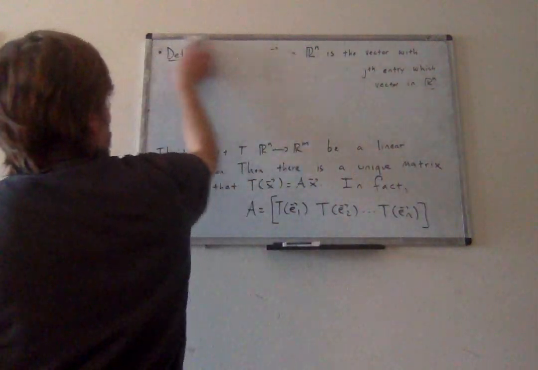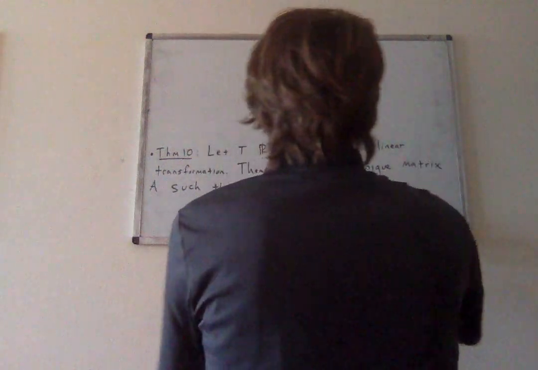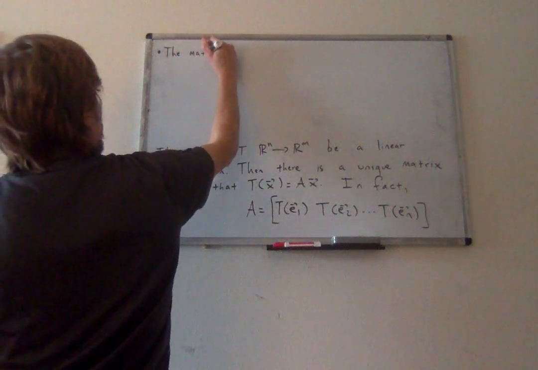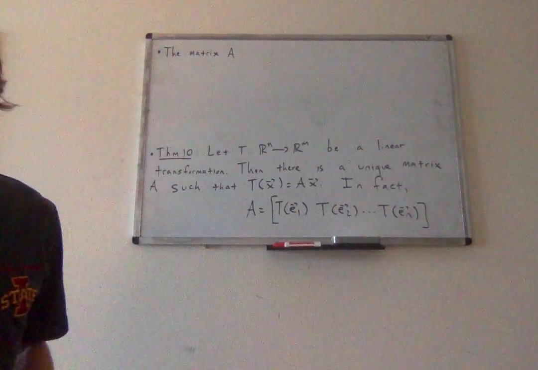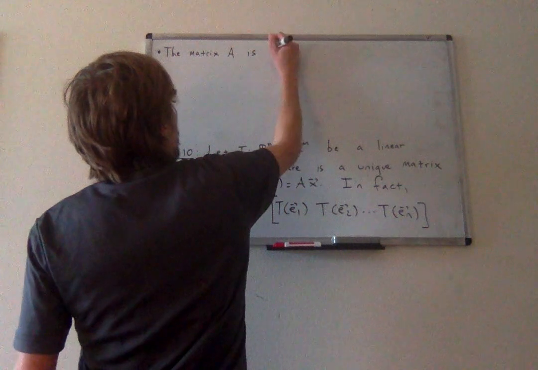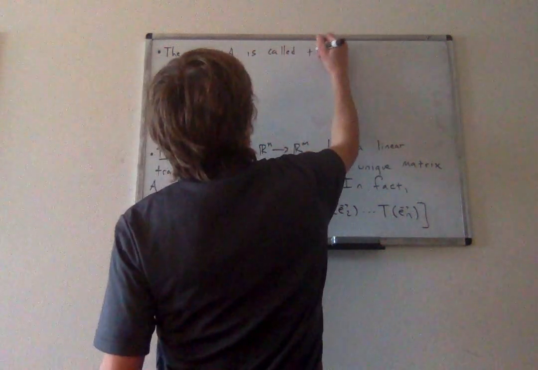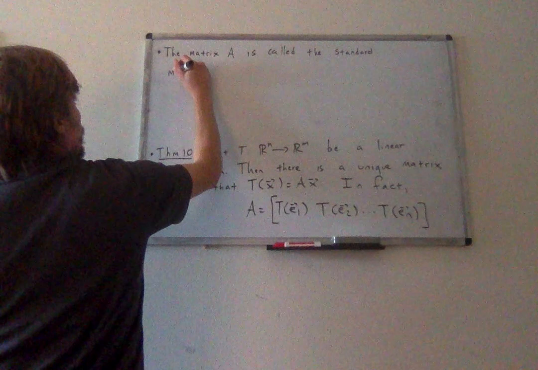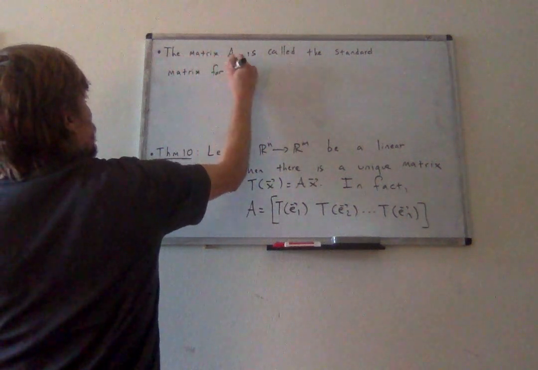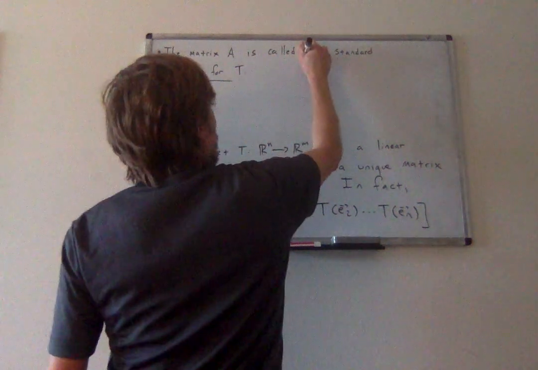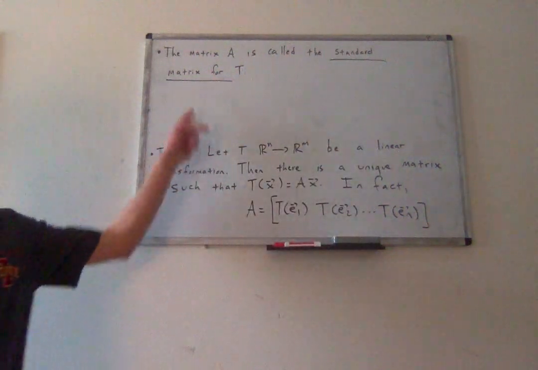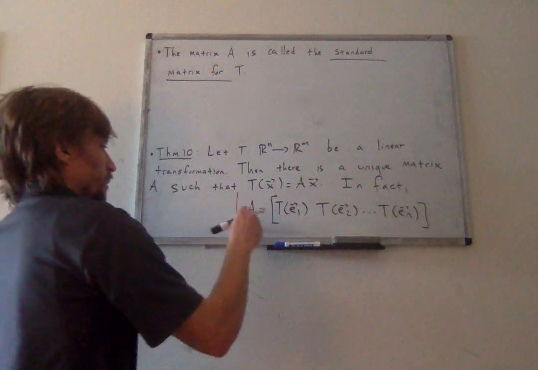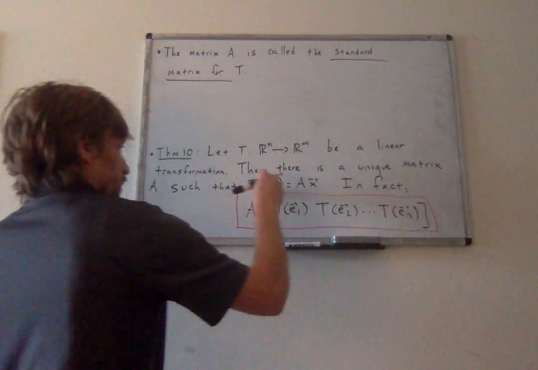And so this matrix A has a name. I'll define the matrix A as called the standard matrix for T. So this matrix A here is called the standard matrix for the linear transformation T. So if you learn one important thing, well, I hope you learn a lot of things, but remember that.